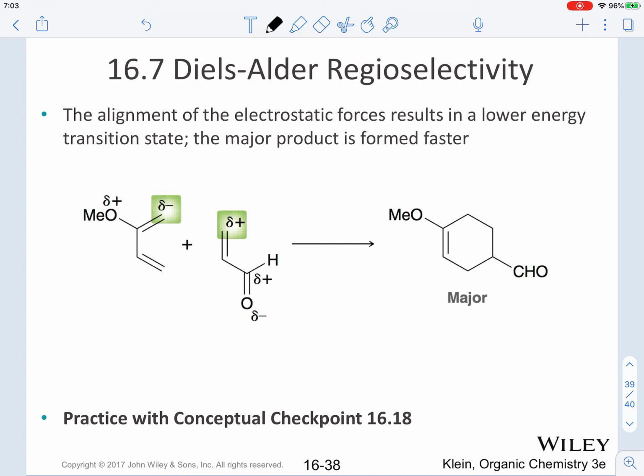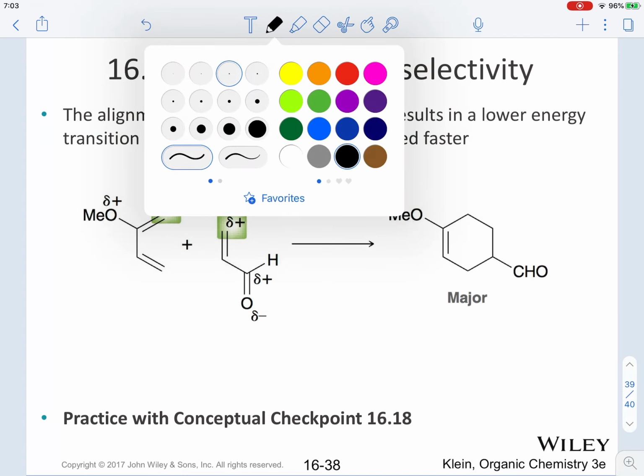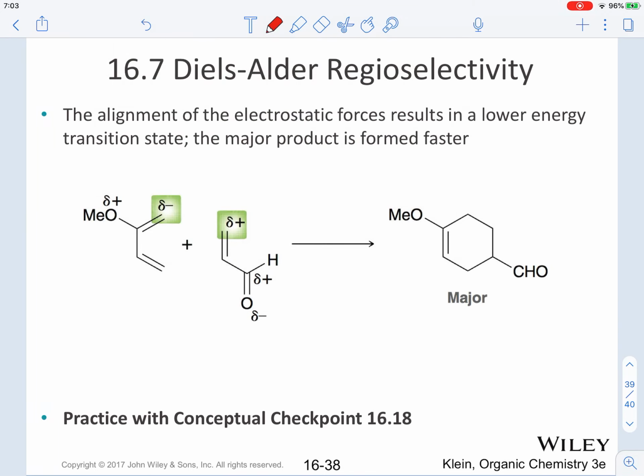So when we draw the arrows, this forms a double bond, this single bond forms a double bond, and this is going to form specifically the other sigma bond. Then we can see that this is the major product, because that partial negative charge is going to be attracted to that partial positive side in our dienophile. So the way they're going to react and form that pi bond and the two sigma bonds is as illustrated in the following slide.